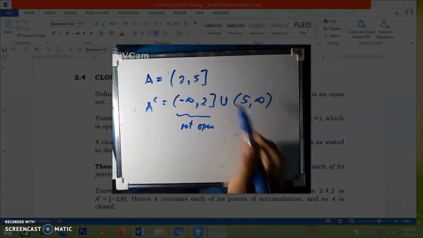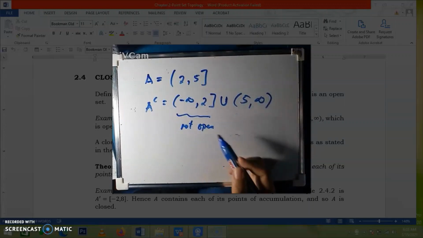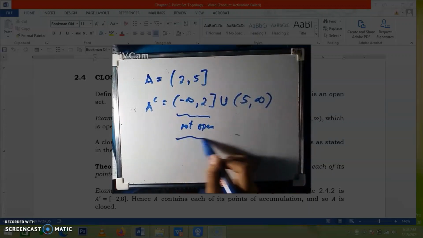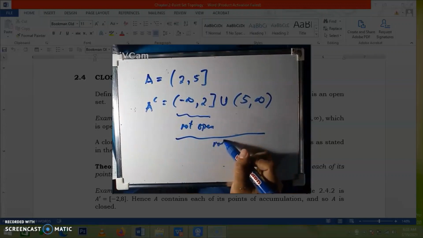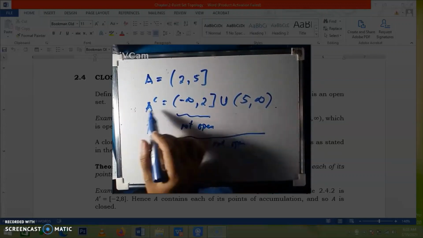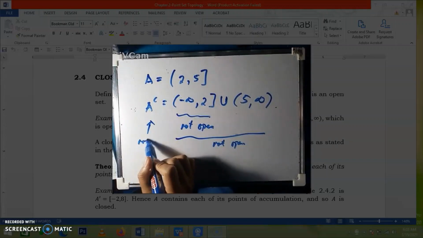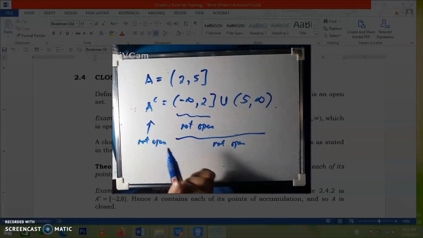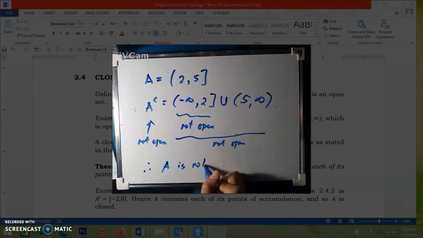So we can say that the entire of this is not open. Hence, the complement of A is also not open. So we cannot conclude that A is closed because its complement is not open. So we can say that A is not closed in this case.